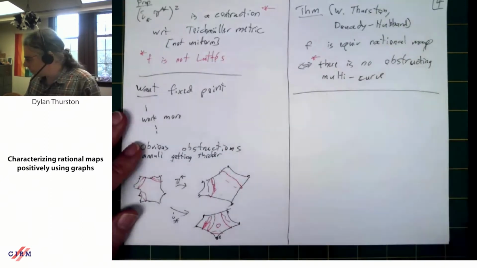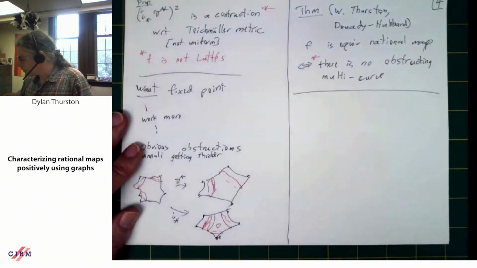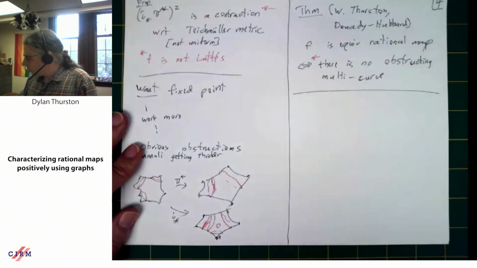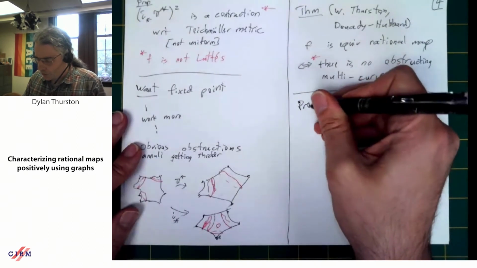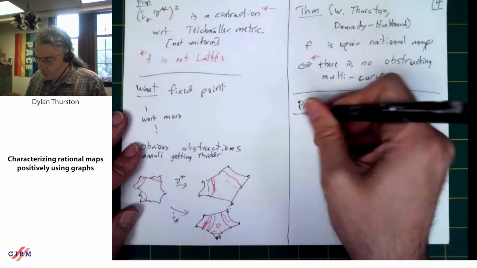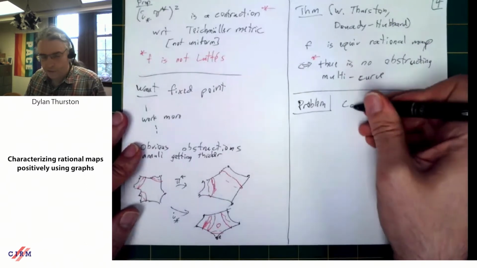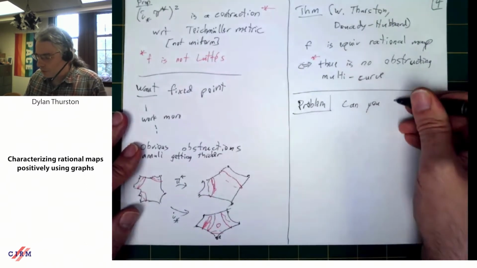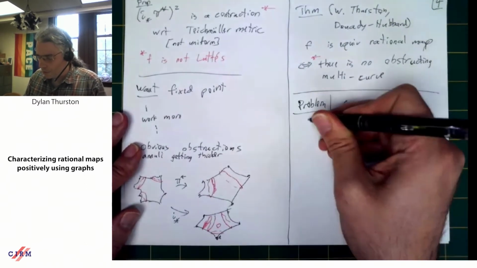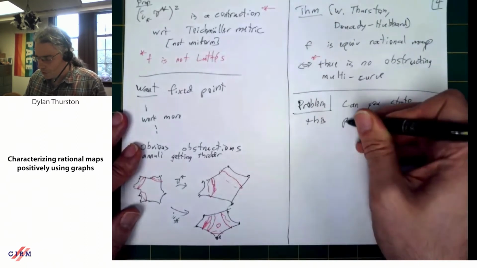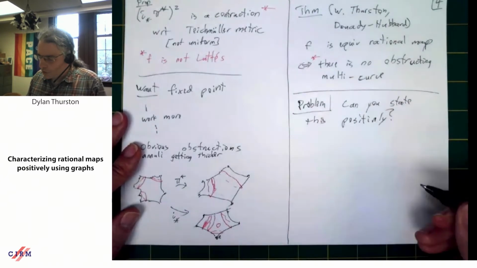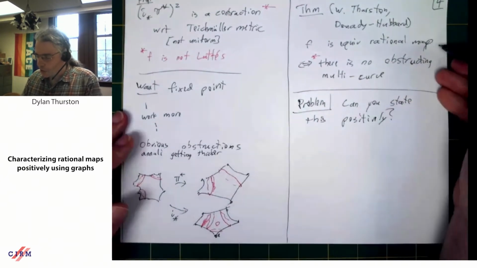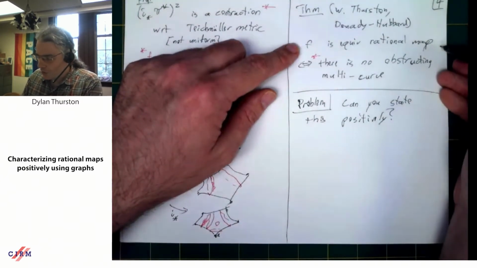Great. The problem that this raises is, can you state this positively? You notice that this is of the form, you have a rational map.